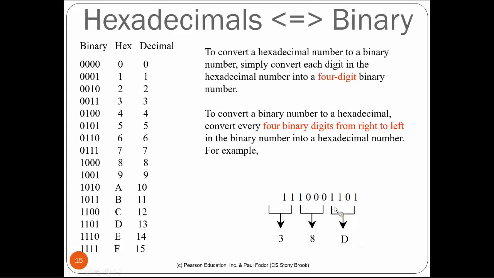So we can basically transform by just mapping the groups of 4 binary digits, bits, into one corresponding digit in hexadecimal. The other way around is done exactly in the same way.